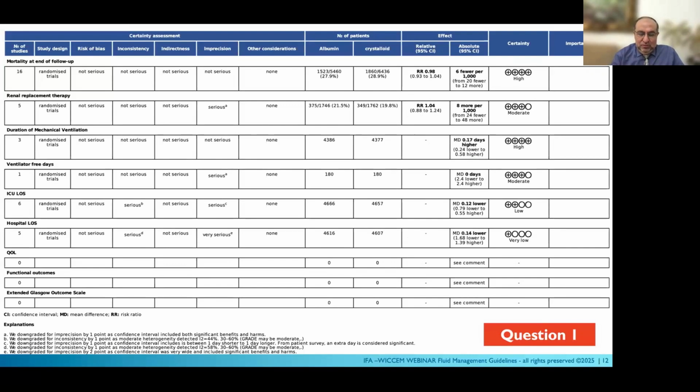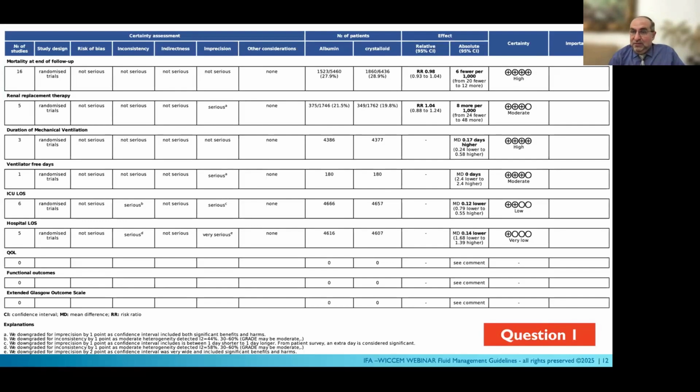Now, when you take into consideration a few other points, albumin and crystalloids don't offer an advantage clinically, but albumin costs 27 times more than a crystalloid based on existing studies.